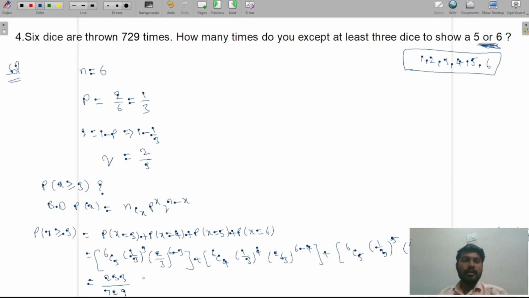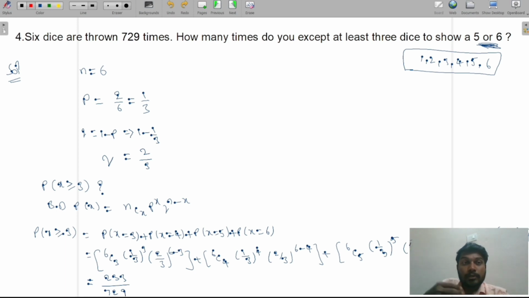Okay, right. Observe the question properly. 6 dice are thrown 729 times. So whatever probability I found now, can I say it is the one-time probability? Yes, this is the probability of getting 5 or 6 at least 3 times in a single throw of the dice.